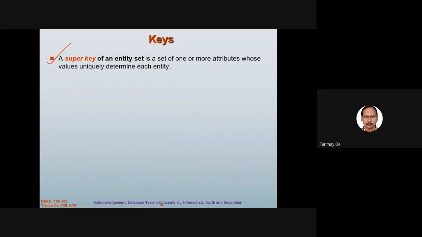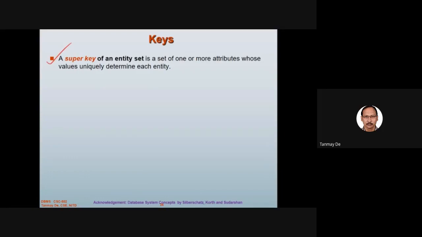In the relational model, relations are expressed as a table. So there also the super key, primary key, foreign key terms come, and the definition is the same or similar. Now I want to explain the different types of keys with respect to entity set and relationship set, because we have discussed the ER data model or ER diagram here.